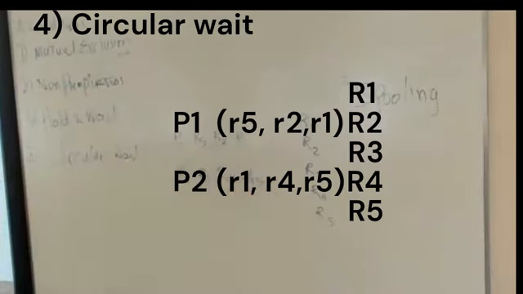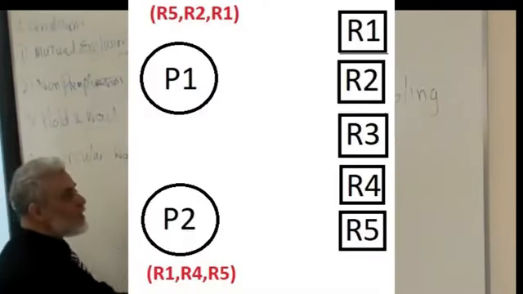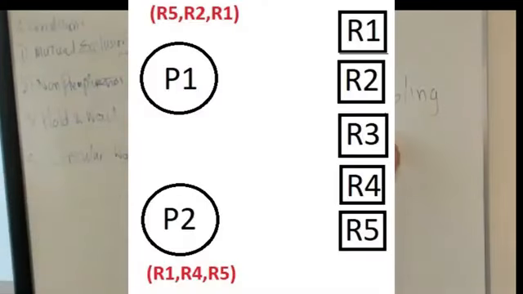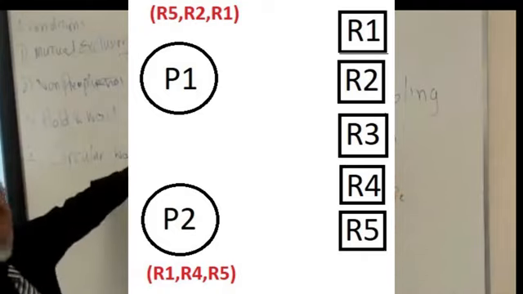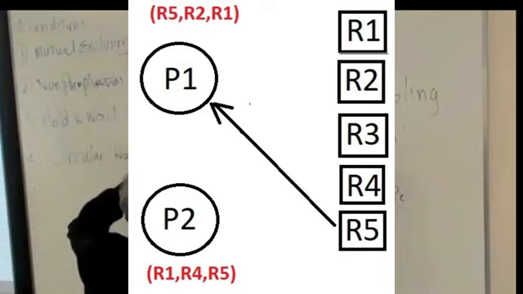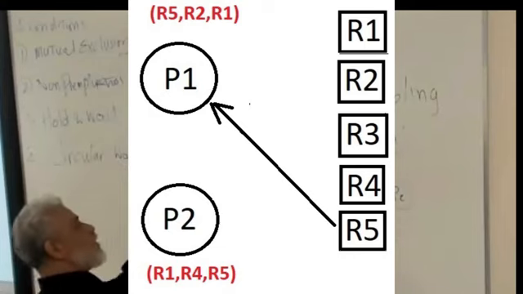This is how deadlock can happen. We might even have another process, but it's enough with those two. Here's process 1 and process 2. Process 1 needs resource 5, so it goes for resource 5 and gets it. That's good. Process 2 needs resource 1.